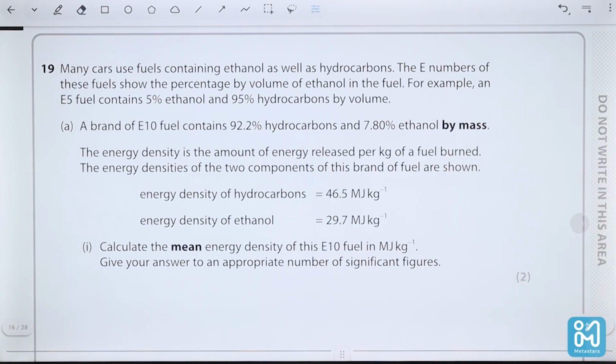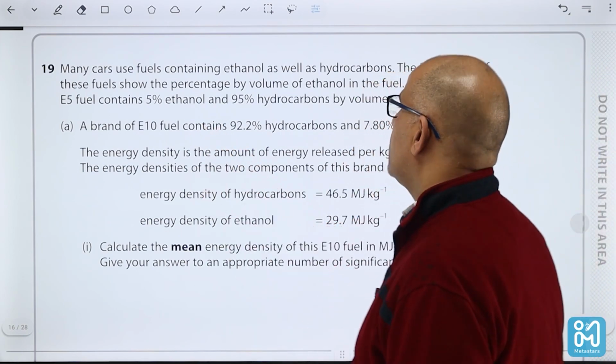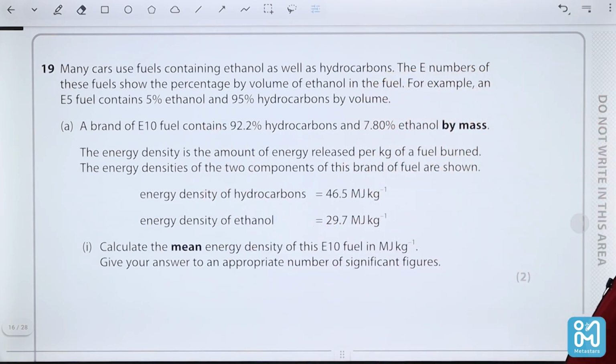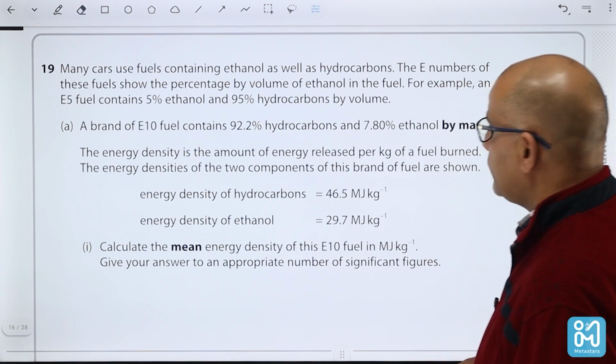For example, E5 fuel contains 5% ethanol and 95% hydrocarbons by volume. The brand of E10 fuel contains 92.2% hydrocarbons and 7.8% ethanol by mass.